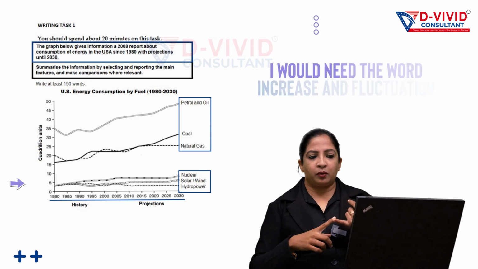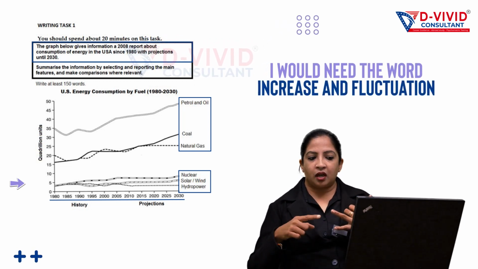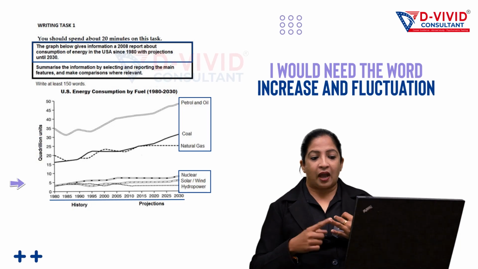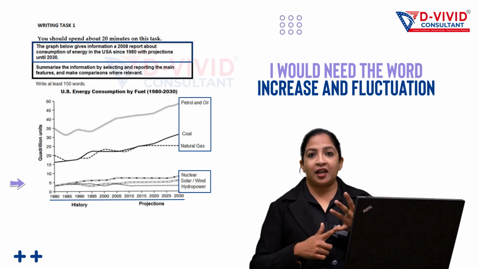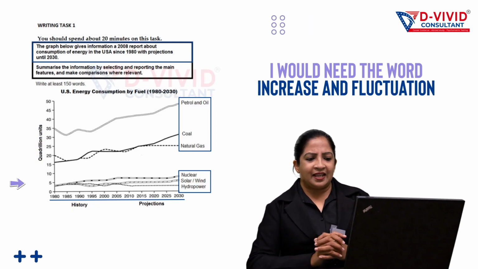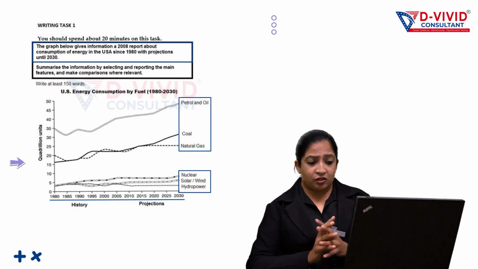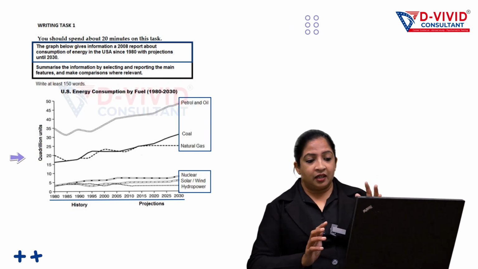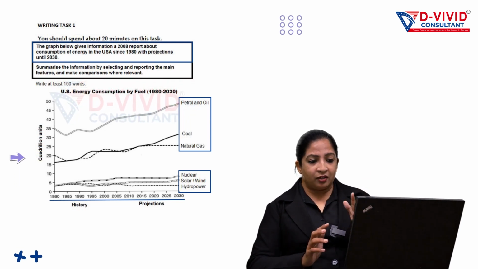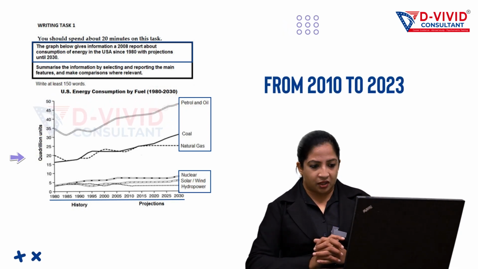I would need the word increase and fluctuation quite many times. So I have to keep these kinds of synonyms ready. Other than that, I see that even in the natural gas line, the natural gas is remaining stagnant from 2010 to 2030.